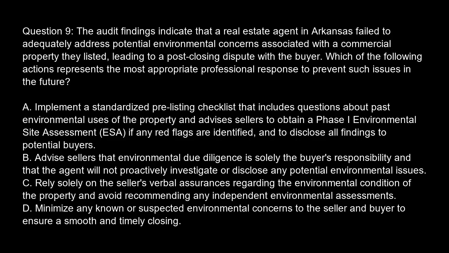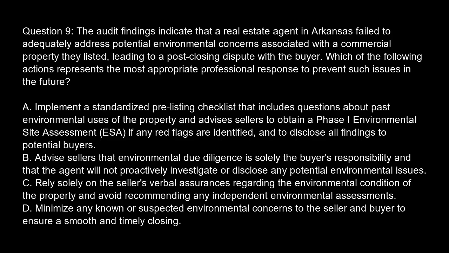Option A. Implement a standardized pre-listing checklist that includes questions about past environmental uses of the property and advises sellers to obtain a Phase I environmental site assessment (ESA) if any red flags are identified, and to disclose all findings to potential buyers. Option B. Advise sellers that environmental due diligence is solely the buyer's responsibility, and that the agent will not proactively investigate or disclose any potential environmental issues.